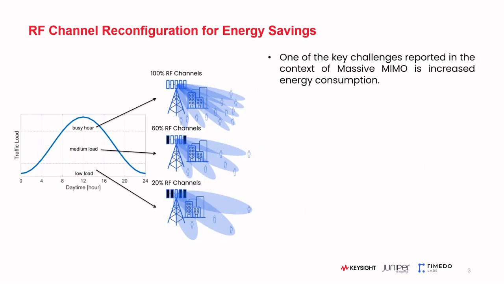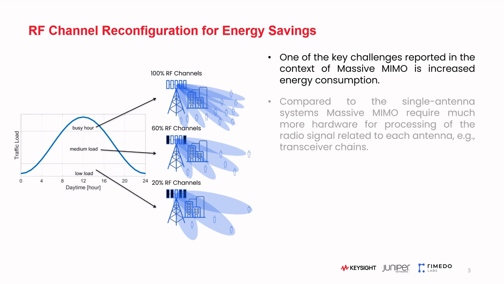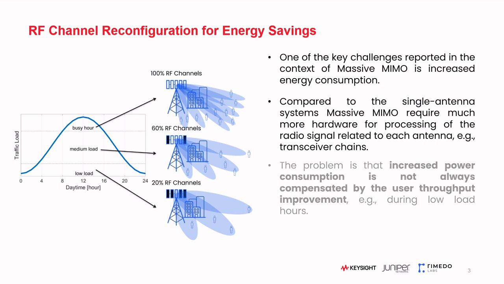One of the key challenges reported in the context of Massive MIMO technology is increased energy consumption. Compared to single antenna systems, Massive MIMO requires much more hardware for processing of the radio signal related to each antenna.